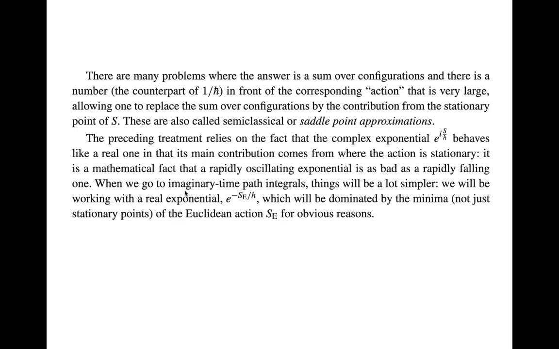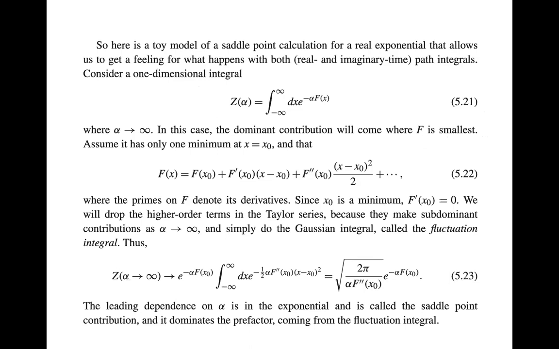So when we go to imaginary time path integral, things will become a lot simpler. We'll be working with a real exponential, right, which is predominated by the minima of the Euclidean action, for obvious reasons, right? In complex time, this gets absorbed and this becomes a real exponential. Okay.